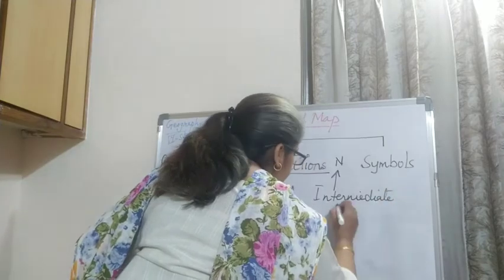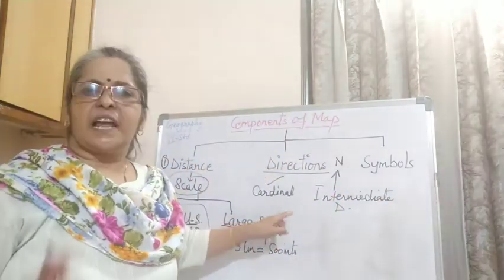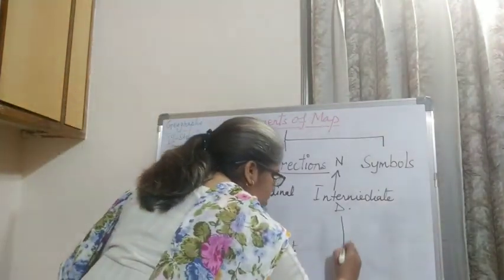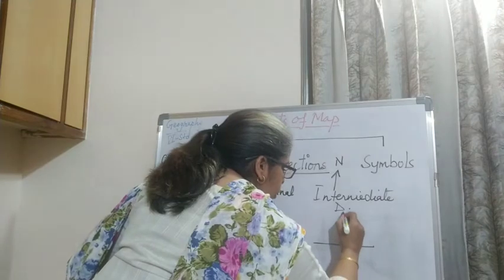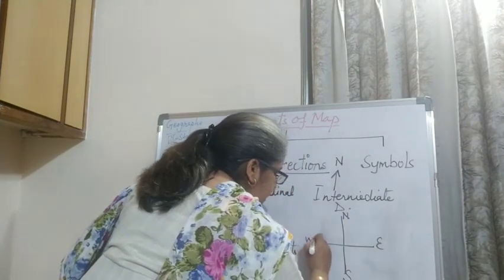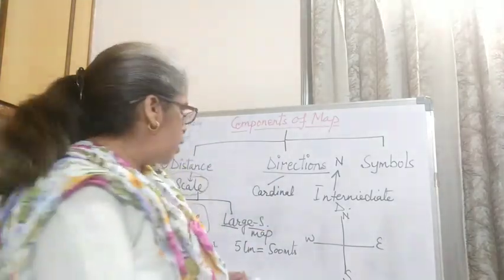What are cardinal directions? Everybody knows we have four main directions: north, south, east and west. These four main directions are known as cardinal directions.